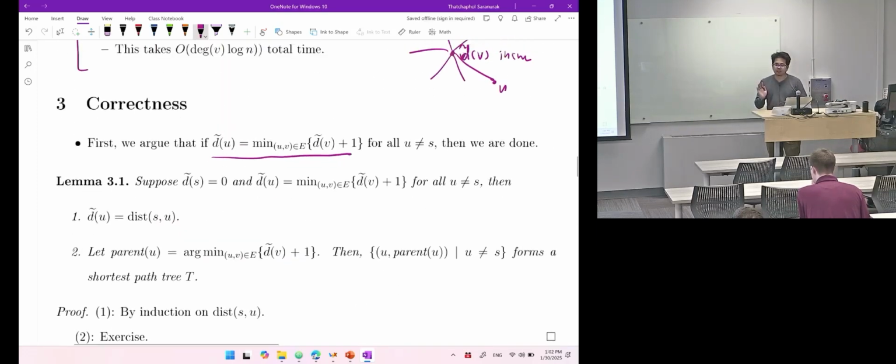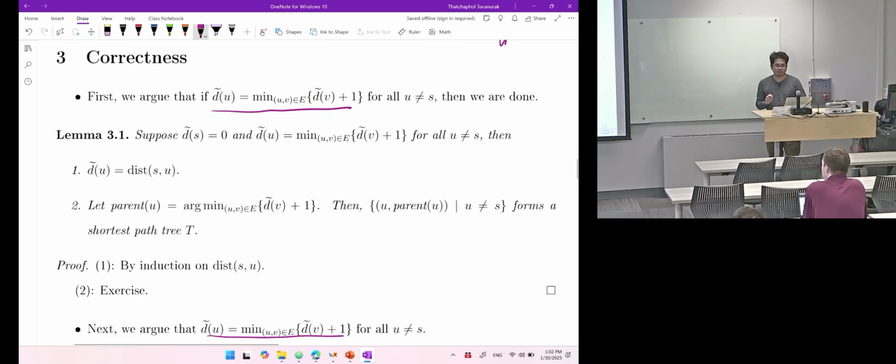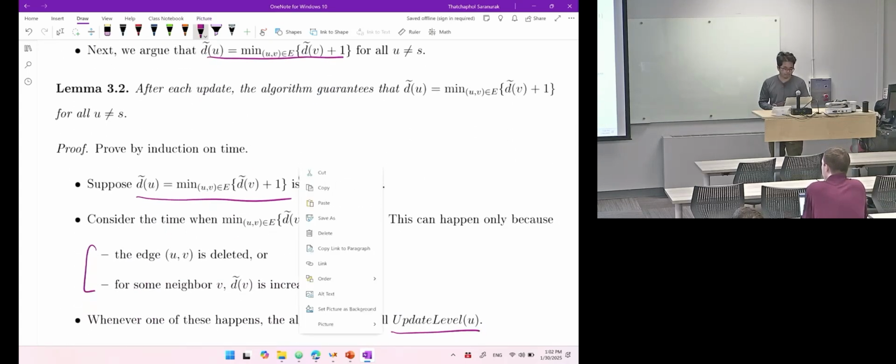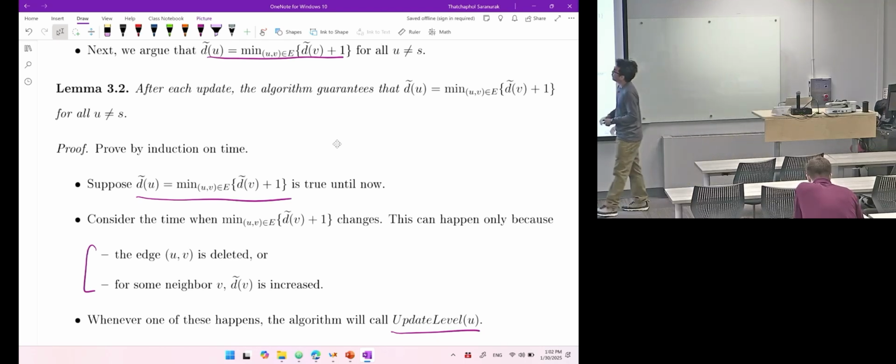Question about the correctness. Okay. Yep. So just to clarify, if we're deleting an edge that isn't part of this tree that we've created, we don't need to do anything. Yeah. In particular, this expression doesn't change for any node.